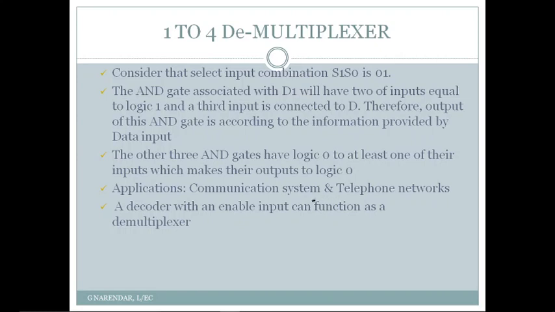Then you can use the demultiplexer at the output. Normally a decoder circuit with enable input functions as the demultiplexer.